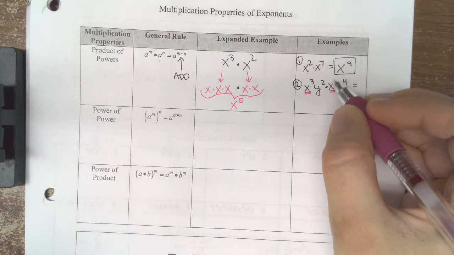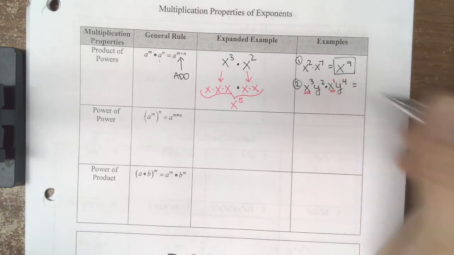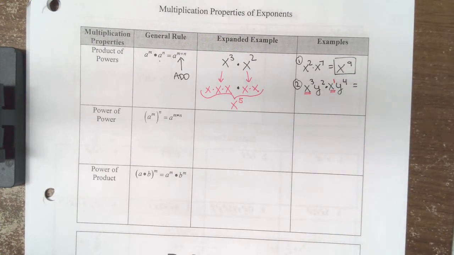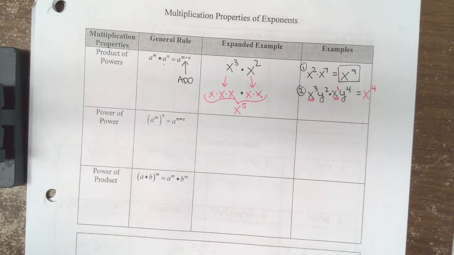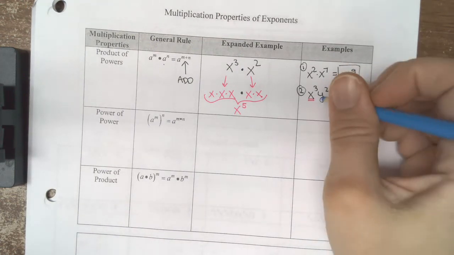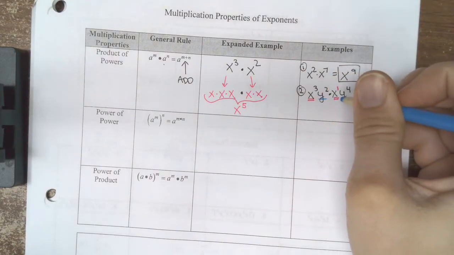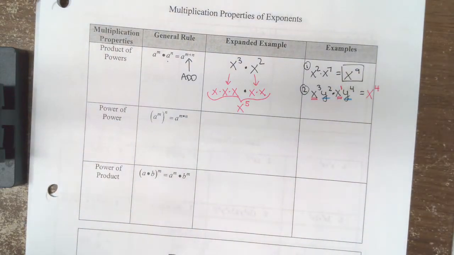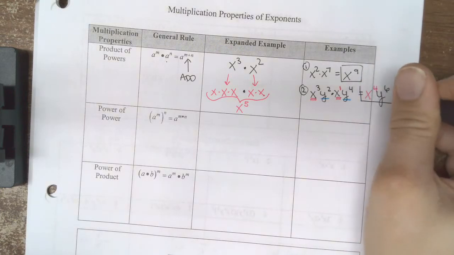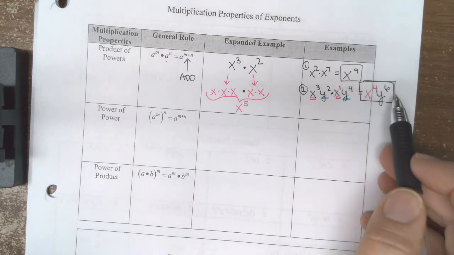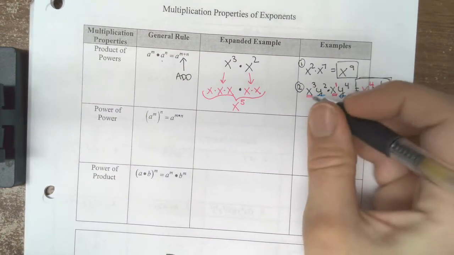And if I have no exponent, that means I have a single factor of x here, which gives me 4 factors of x altogether. And then I have 2 factors of y and 4 factors of y, which gives me 6 factors of y altogether. Okay, so using more than one variable, we can do this.